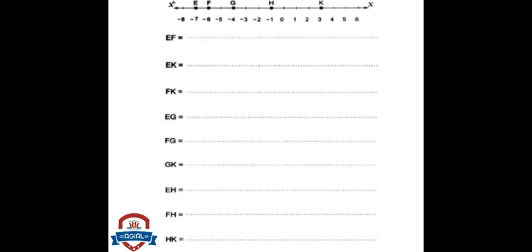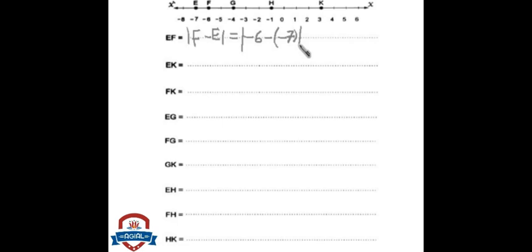Exercise 2. If we have the straight line x dash and some points E, F, G, H, and K. Now we need to find the distance between E and F. The distance between E and F equals the length of line segment EF. The length of line segment EF equals the absolute value of F minus E. The absolute value of F minus E equals the absolute value of -6 minus -7.